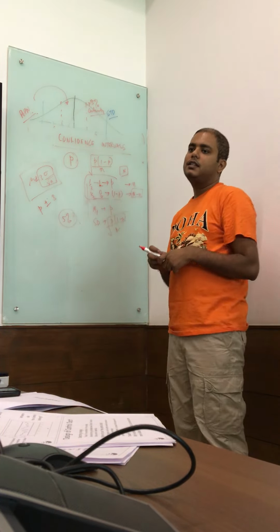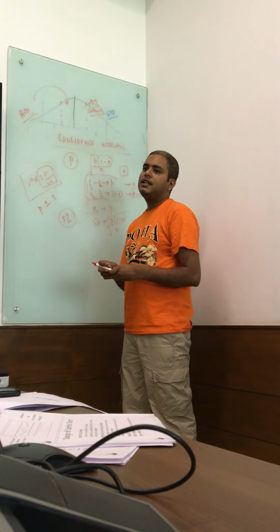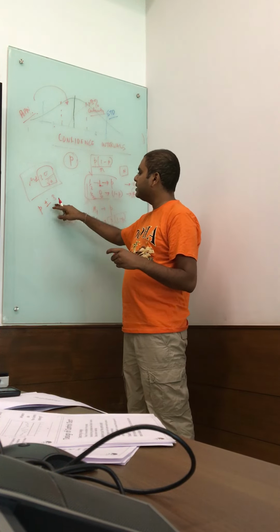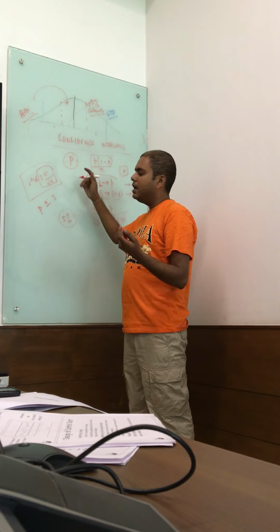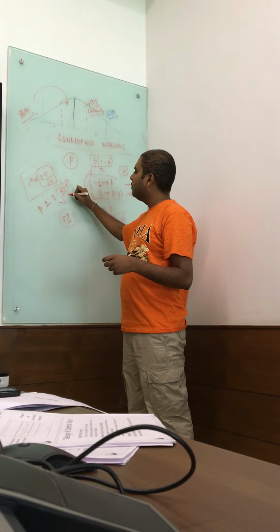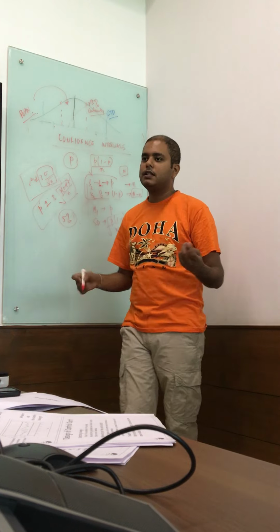So here I had mu plus minus 3 sigma by root n; in binomial distribution, I have this whole thing, p into 1 minus p upon n.